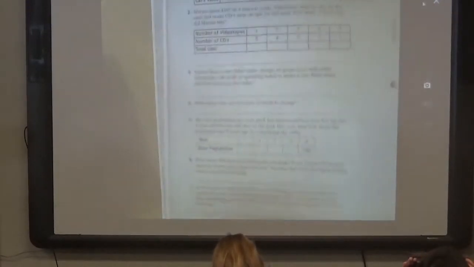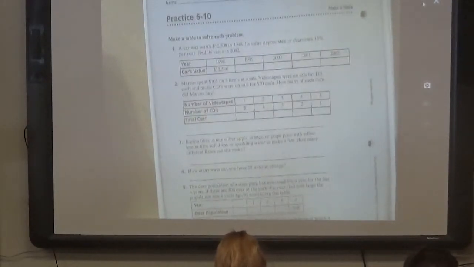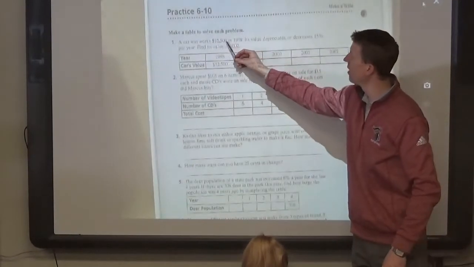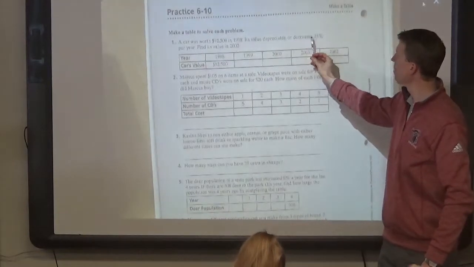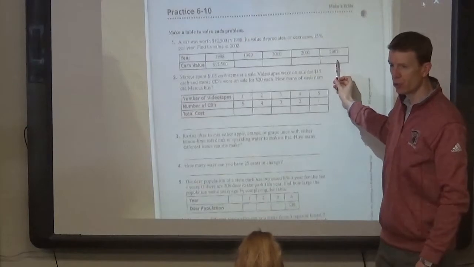Go to the back side. Like I said, sometimes the value of something depreciates. It gets less each year. And so in that case, you have to subtract the amount that it's going down. A car, for example, that was worth $12,500 in 1998, if the value depreciates by 15% per year, what is its value in 2002?